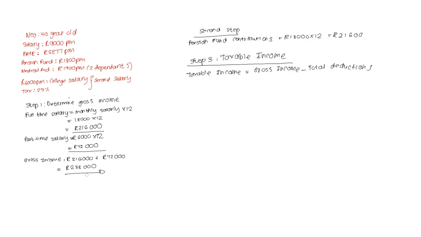We simply get the results from the previous steps. And on simplifying, we find that his taxable income is 266,400 Rand. Now just remember that because he's under the age of 65, he cannot claim medical aid contributions as a deduction, and therefore it wasn't included as a contribution in the second step.